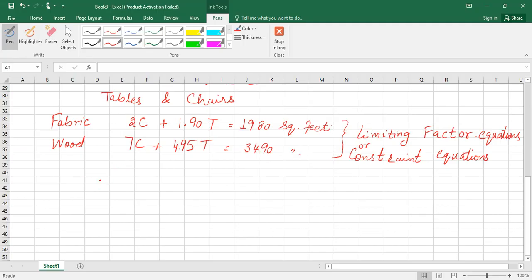Further, the question says that the contribution of the chair is $8 and the contribution of the table is $9.